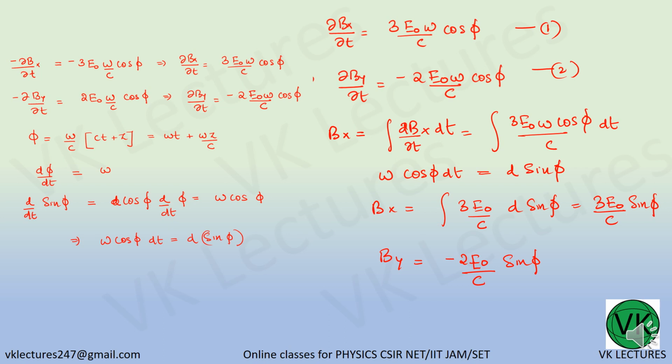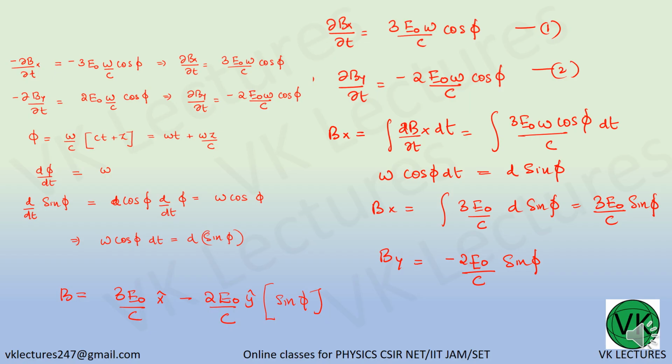Now replace and let us rewrite. B is equal to 3 E naught by c into x cap sin phi, we'll write sin phi later, minus 2 E naught by c y cap into sin phi.